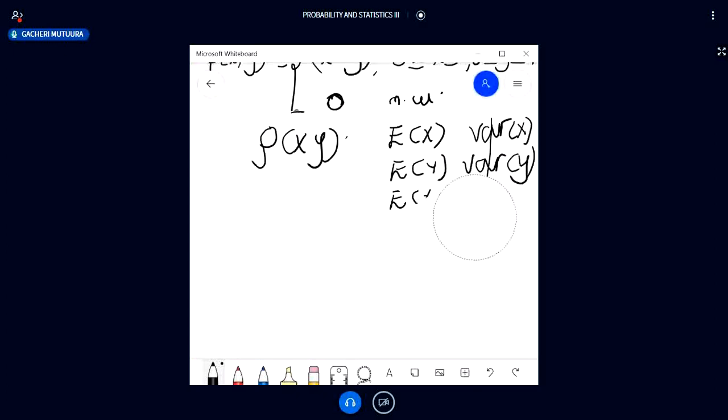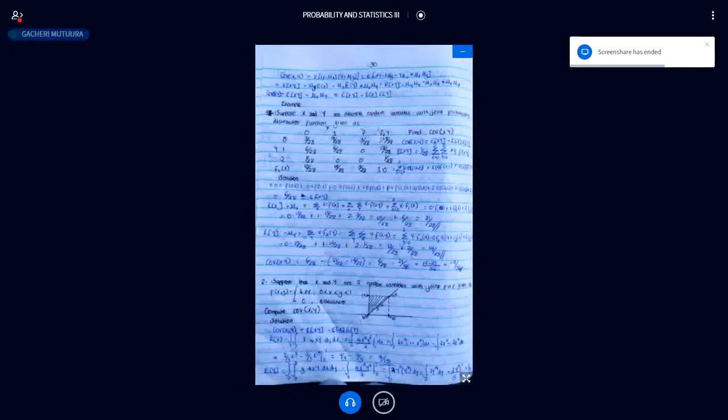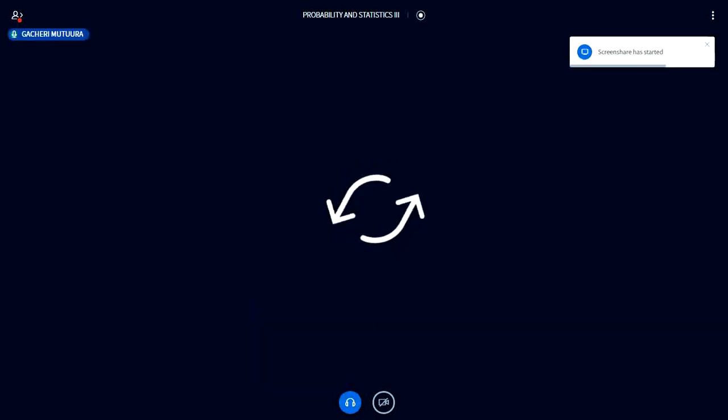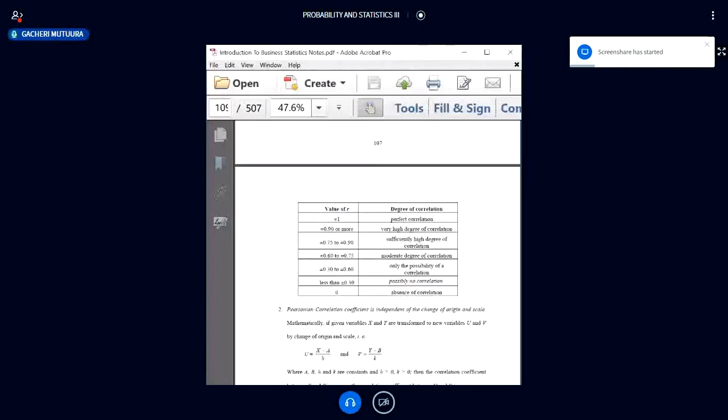As you ponder on that question, you can capture this for a second. This is the interpretation that we normally go by when we are interpreting the degree of correlation.